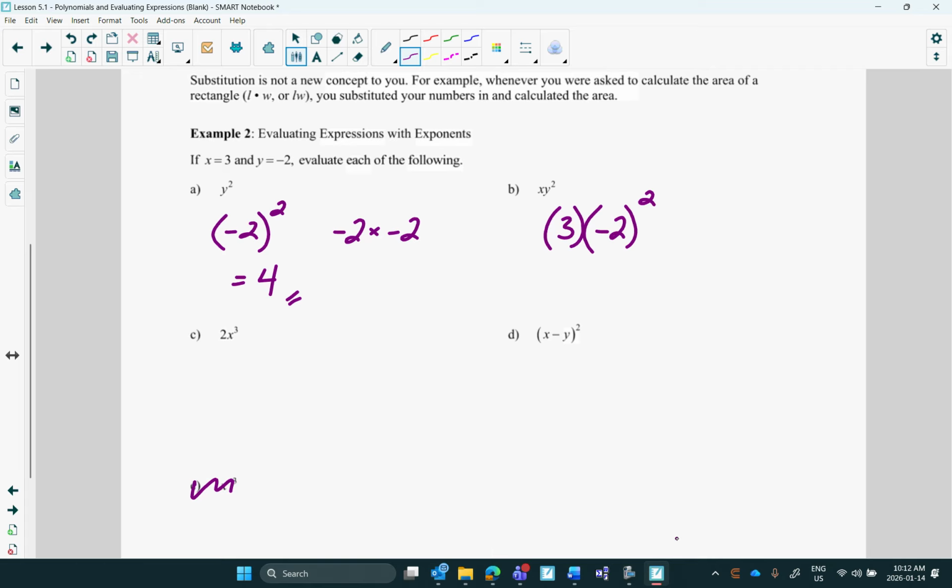I could multiply these two and then square it. Or is that the right order? You do the exponents first. I have to do this first. So what is -2 in parentheses, squared? It's 4, and then 3 times 4? 12.